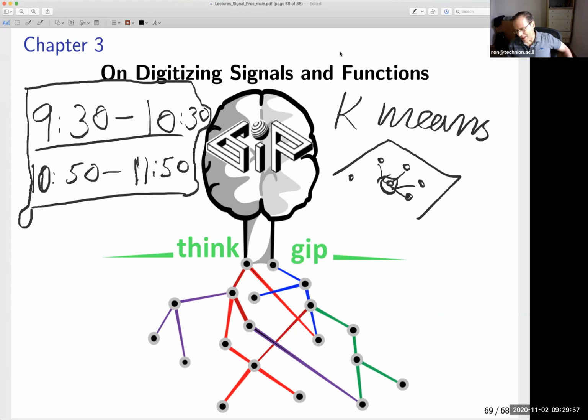Basically the representing points were competing with one another about who belongs to which region.